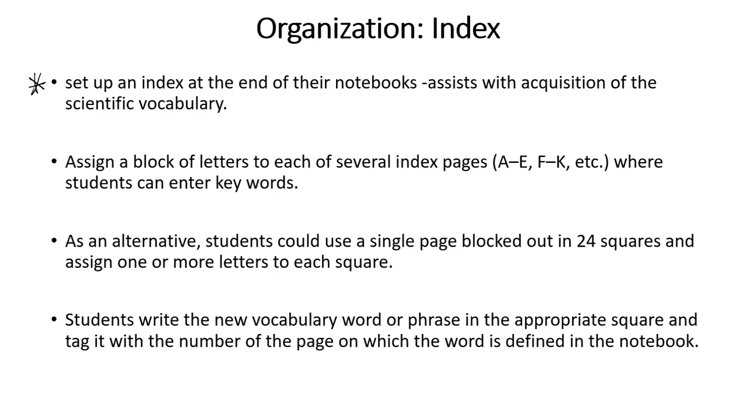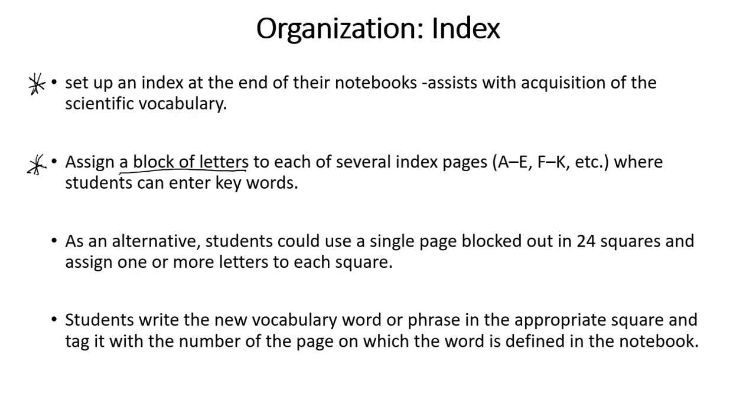So this index, you can put it in alphabetical order, say A to Z, right? Or you can assign a block of letters, and we will see what this means. One example of a block of letters is you want to talk about liquids.